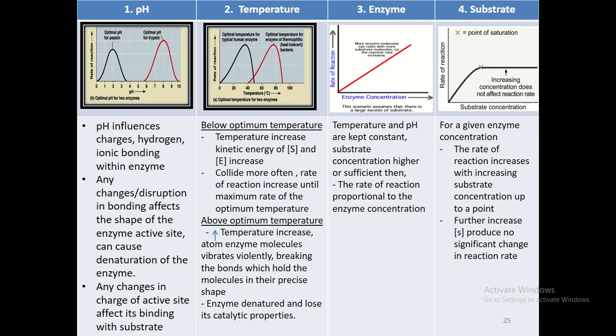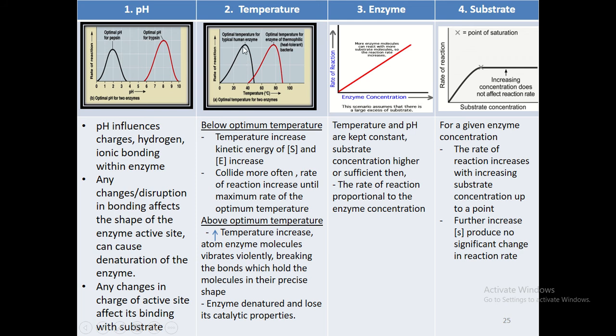So any changes in charge of the active site will affect its binding with the substrate. Next is the temperature. Before that, all enzymes have their own optimum pH, where at that pH they will work optimally. Same with temperature also.